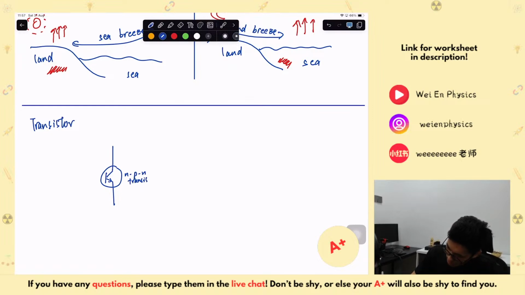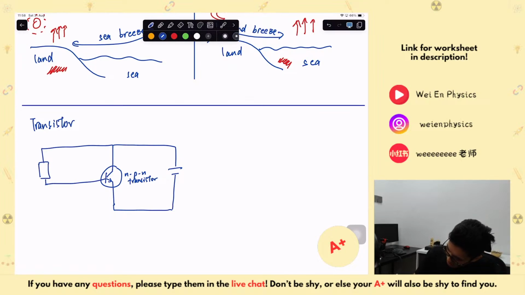Normally it will be like this, NPN, like that. Battery. And then here you must have something like that.